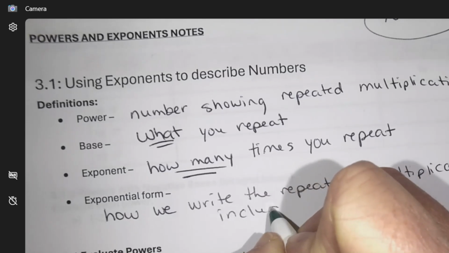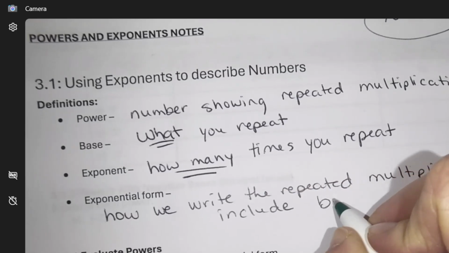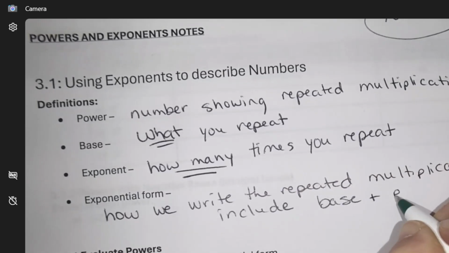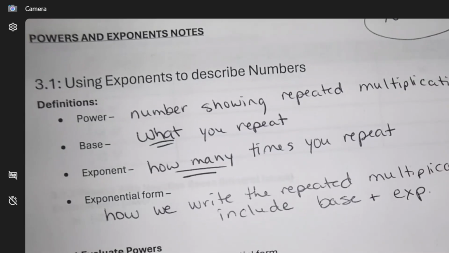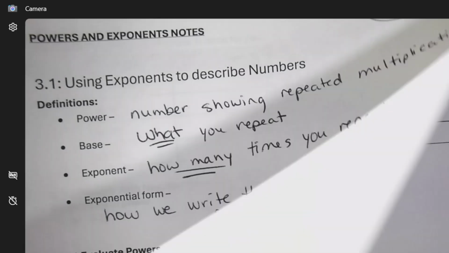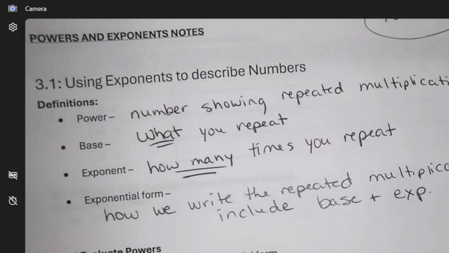And we will always include a base and an exponent. Okay, that sounds good. It's kind of the foundation. Repeating our multiplication, we always have to focus on our base part and our exponent part.